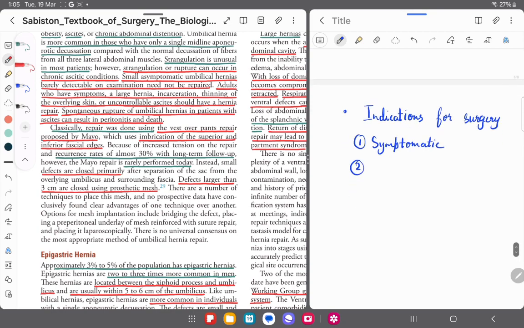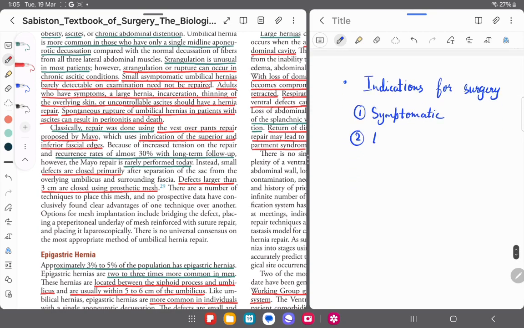Number two is large hernia. Number three is incarcerated hernia. Number four is thinning of the overlying skin.